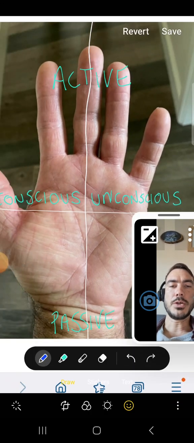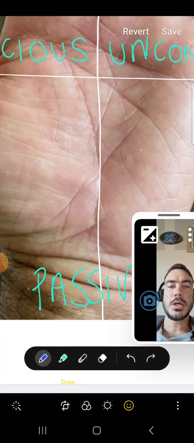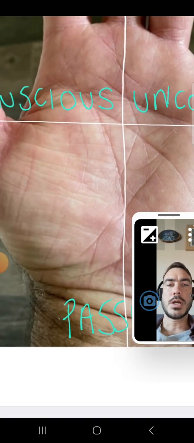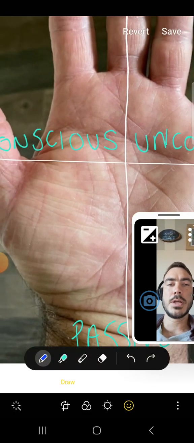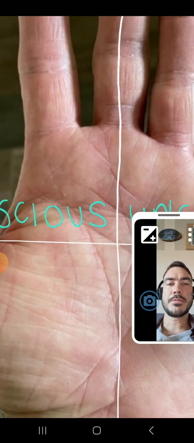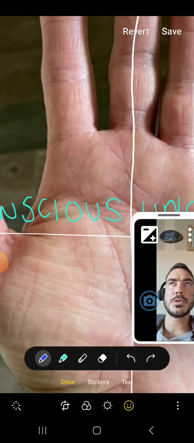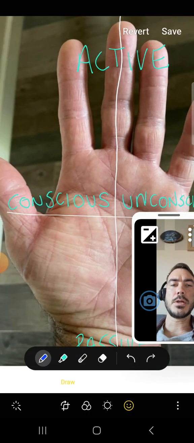And that's all unconscious. And then in the conscious side, you've got Neptune, Venus, part of the Mars mount there, half of Saturn, Jupiter, and Mars negative. And that's the conscious side there.